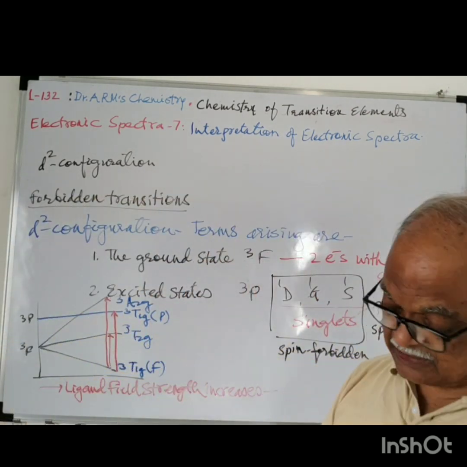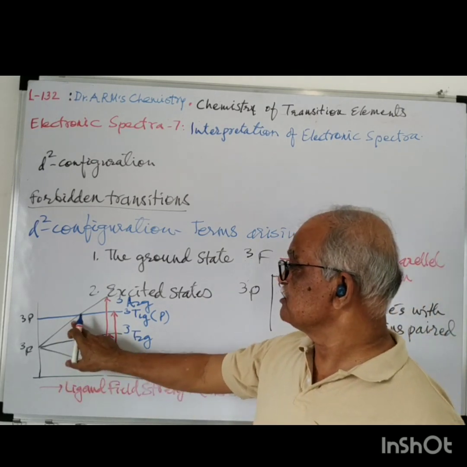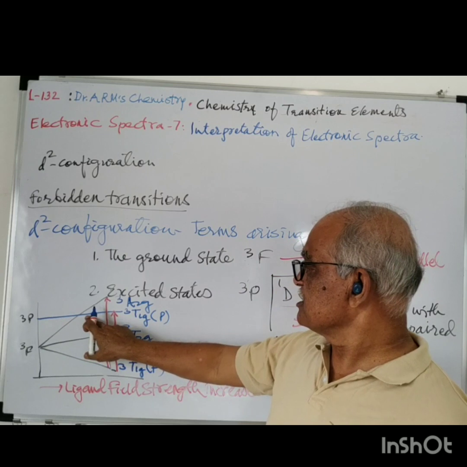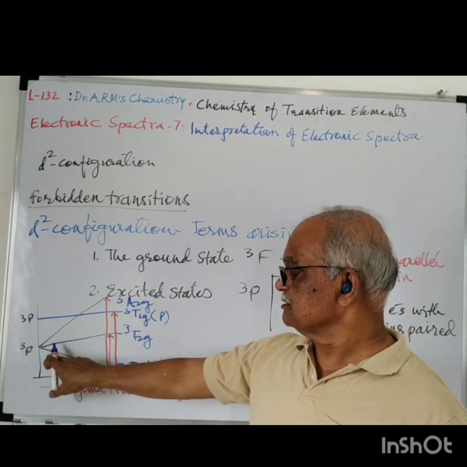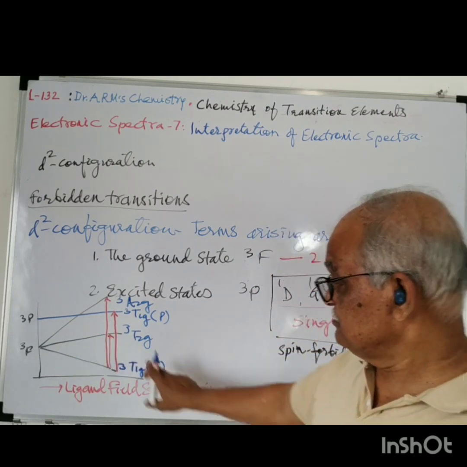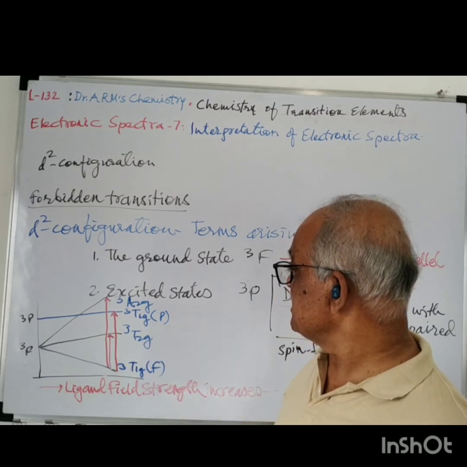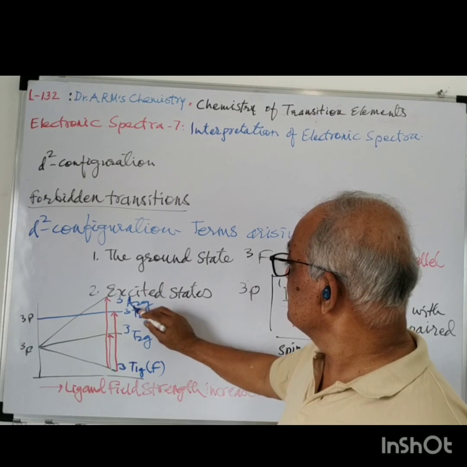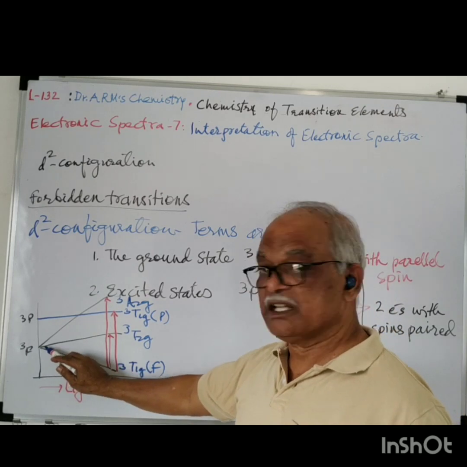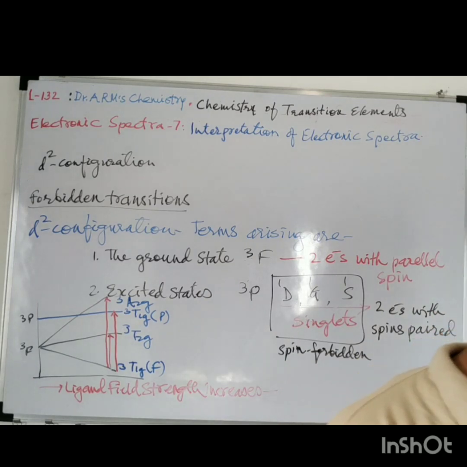The P orbital remains unsplit, but the triplet F is split into three levels: T1G, T2G, and A2G.